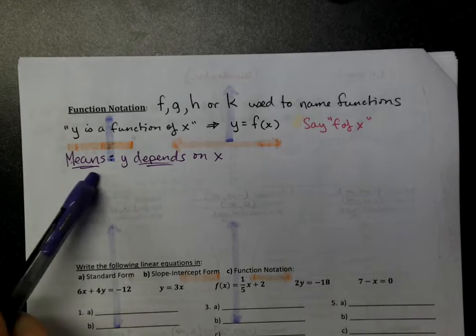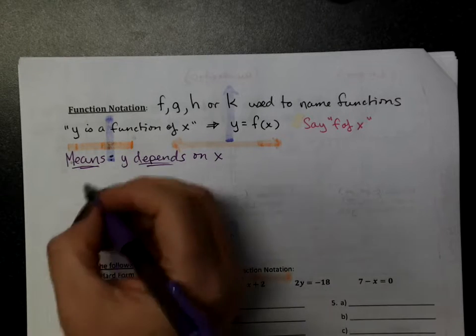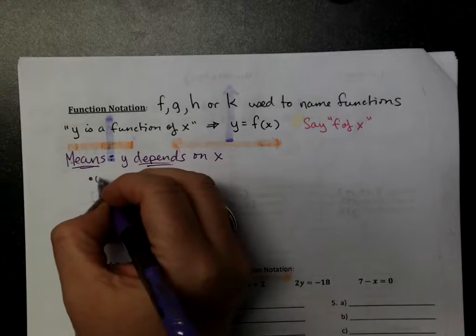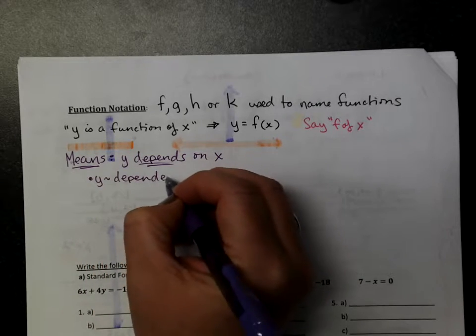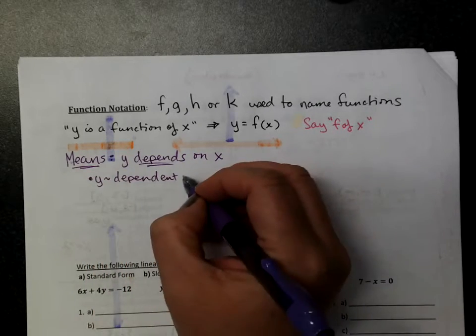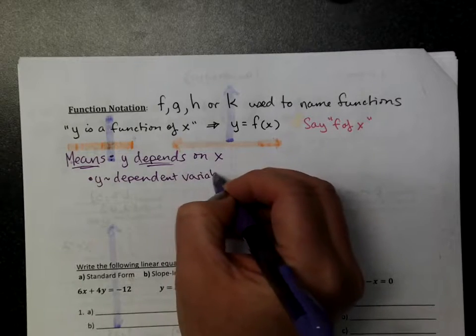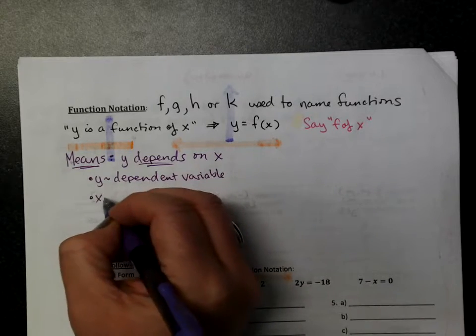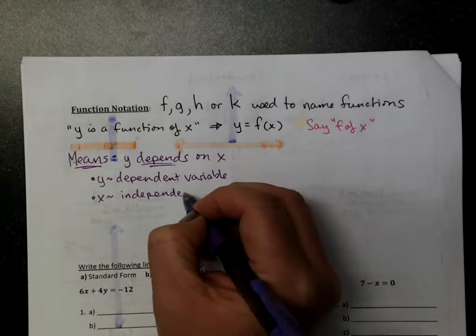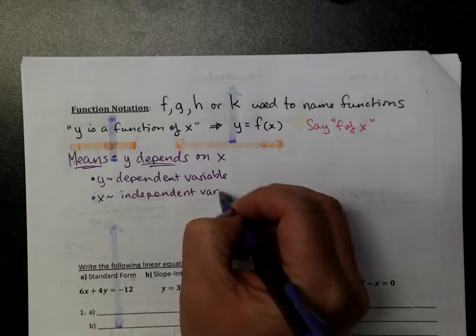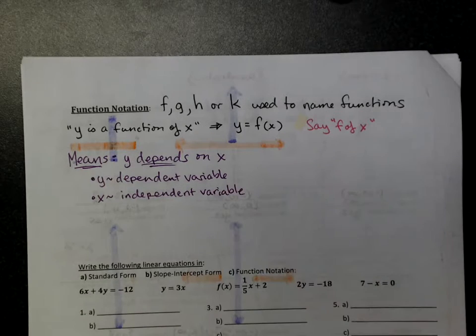This also leads us to our two different variables. Y is what's known as the dependent variable, because it depends on x. X is known as the independent variable, which means you can choose any x, and when you choose that, y is going to depend on what you chose.